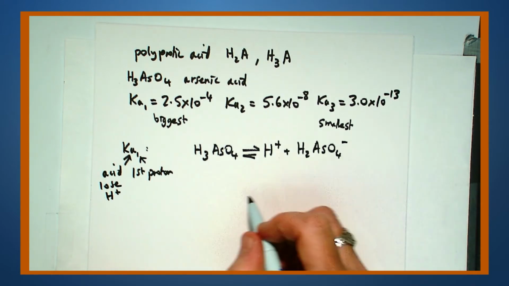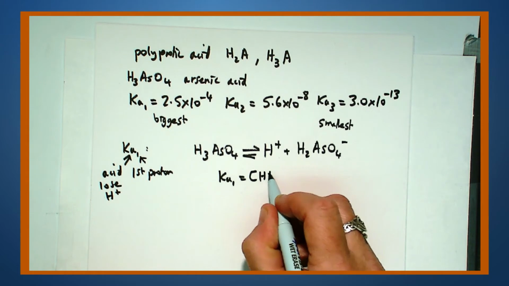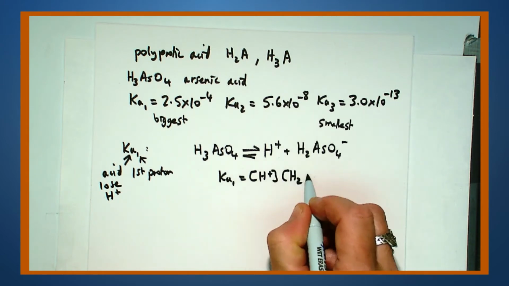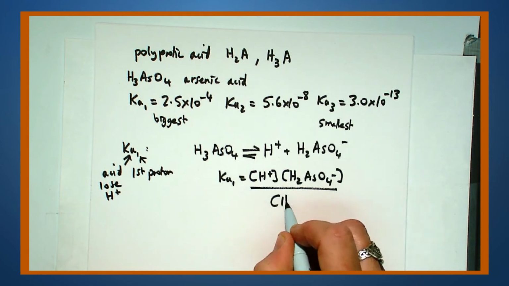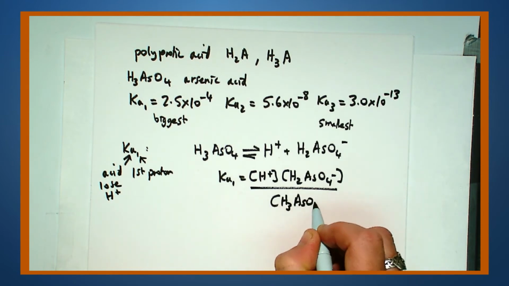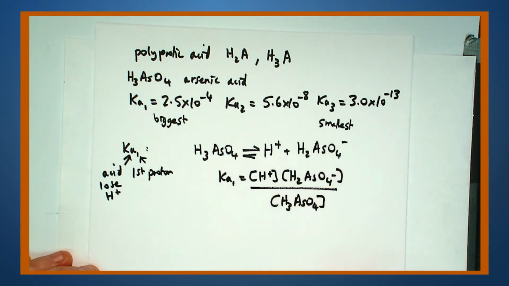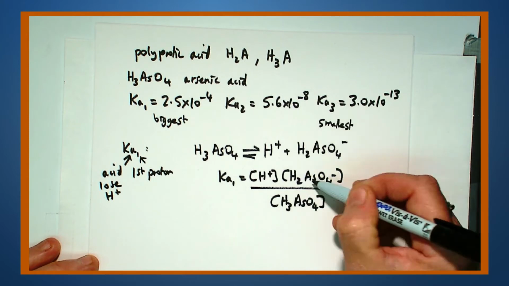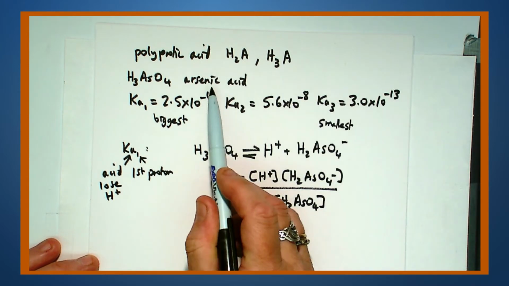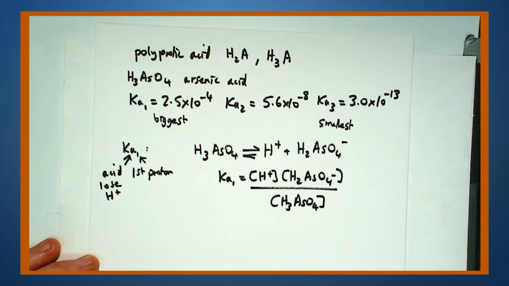If we write out Ka1, it's H plus times H2AsO4 minus over H3AsO4. That's my first Ka, the biggest one. This would be called dihydrogen arsenate, because remember, it's an -ic acid, so it becomes -ate. So that would be the name of that ion.